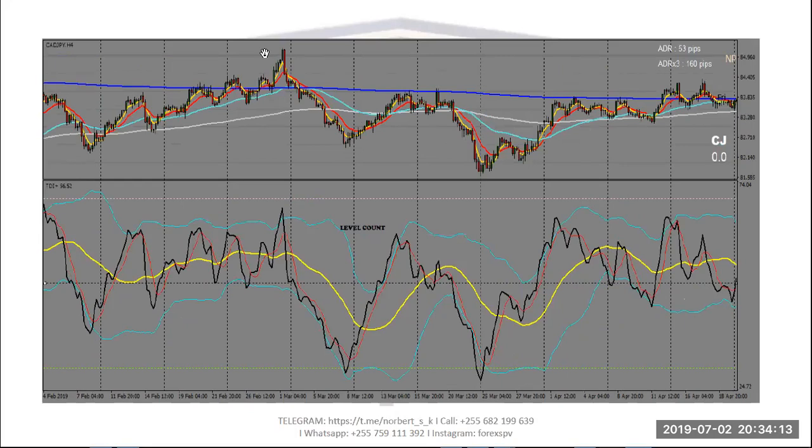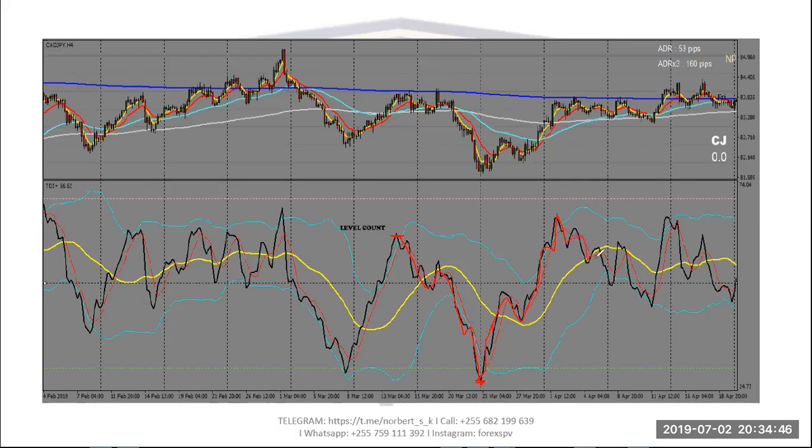Another use of the TDI is in our 4-hour time frame, we can count the levels using the TDI. Like you have your shark fin there, and there is level 1, level 2, and level 3. You have your shark fin there. See, this is like level 1, level 2, and there's a slight level 3 here.